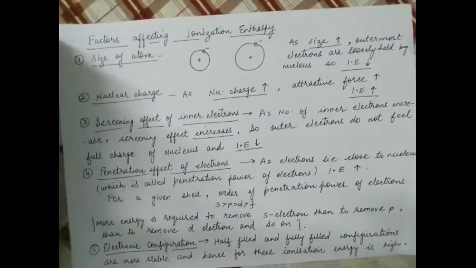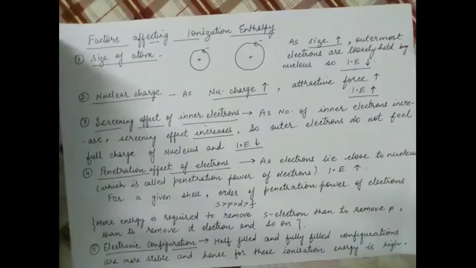You know this, noble gases are quite stable because they have complete octets. And hence for these, ionization enthalpy is high, because once the configuration is stable, that element will neither lose an electron nor gain an electron. And if I want to remove an electron from that stable configuration, I have to supply more energy. So for half filled and fully filled configurations, the value of ionization enthalpy is always high.